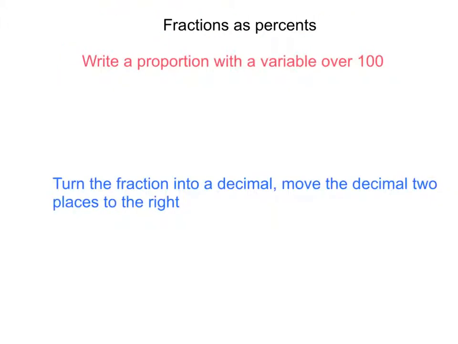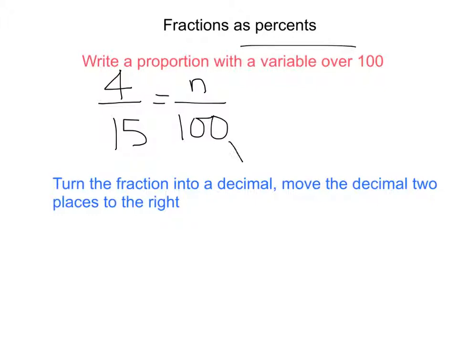We're also going to look at changing fractions to percents. There are two ways that you can do that. The first one is you can write a proportion. So let's look at the example 4 over 15. For this, you can set it up as a proportion equal to a variable over 100, because percent is always out of 100, and so you know that your numerator is going to be out of 100.